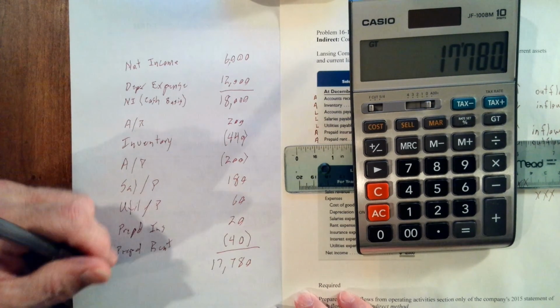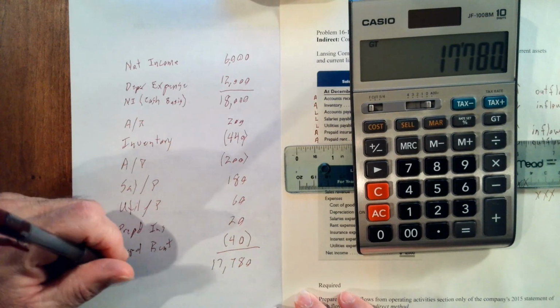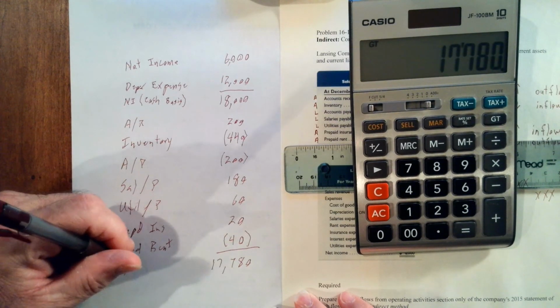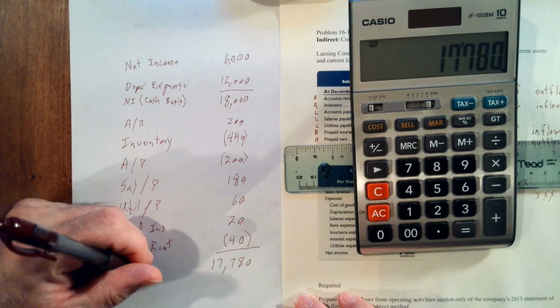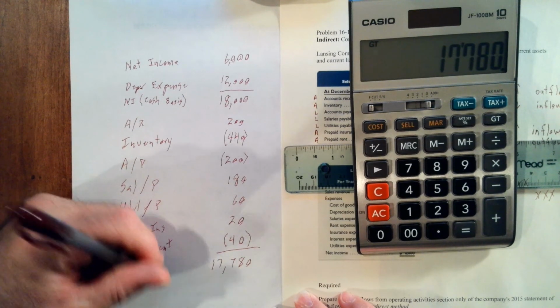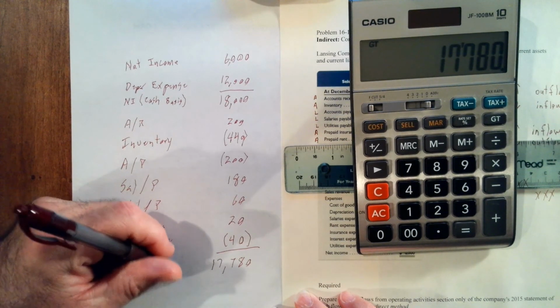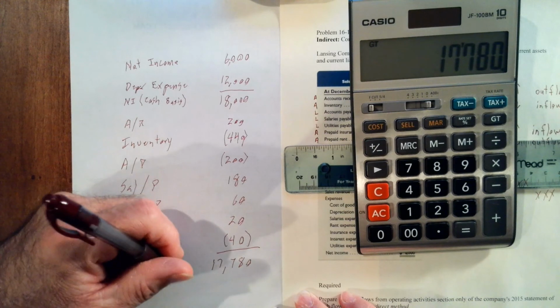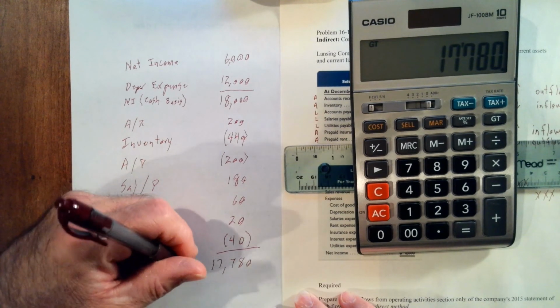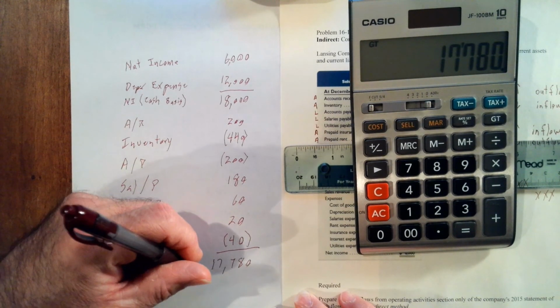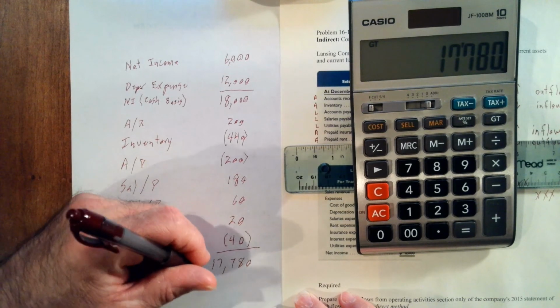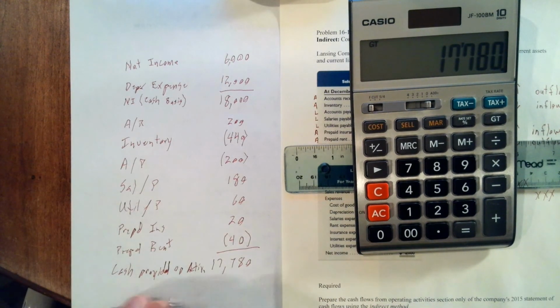And that is my net cash provided from operating activities. Cash provided by operating activities, very short-handed here, 17,780. There's your answer right there, guys.